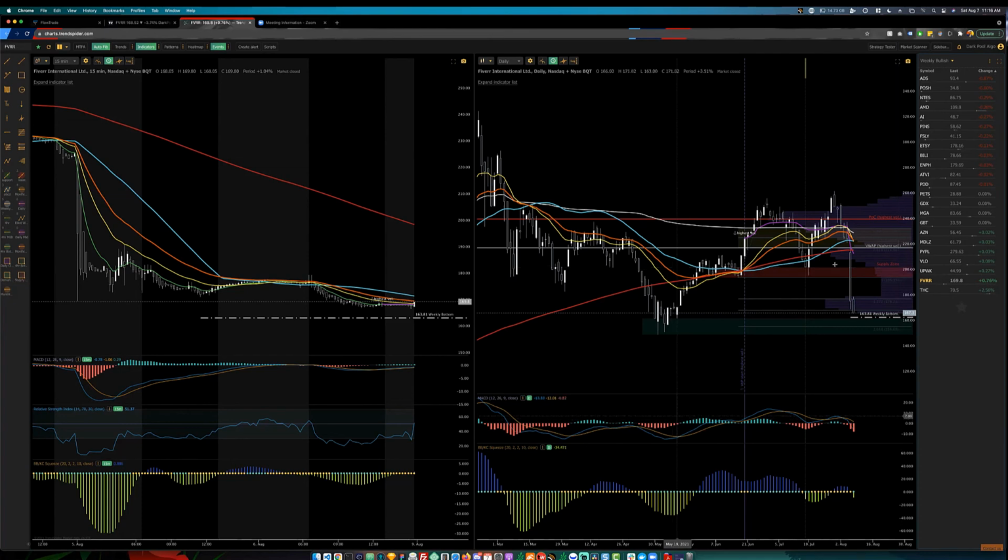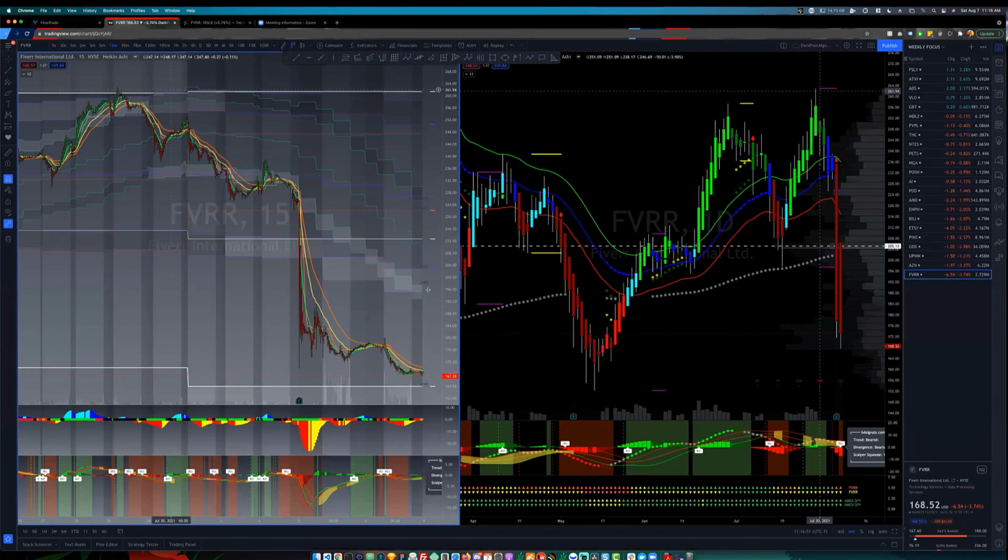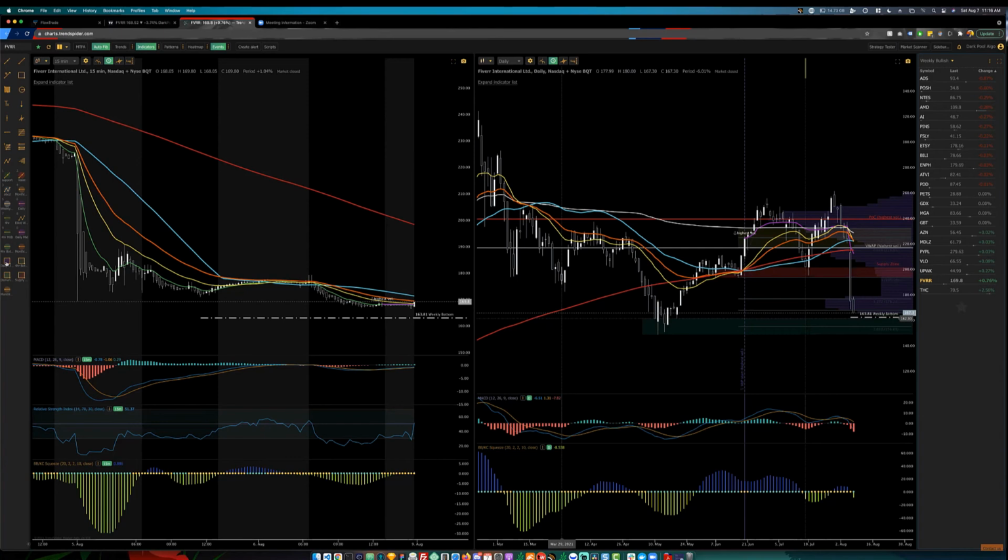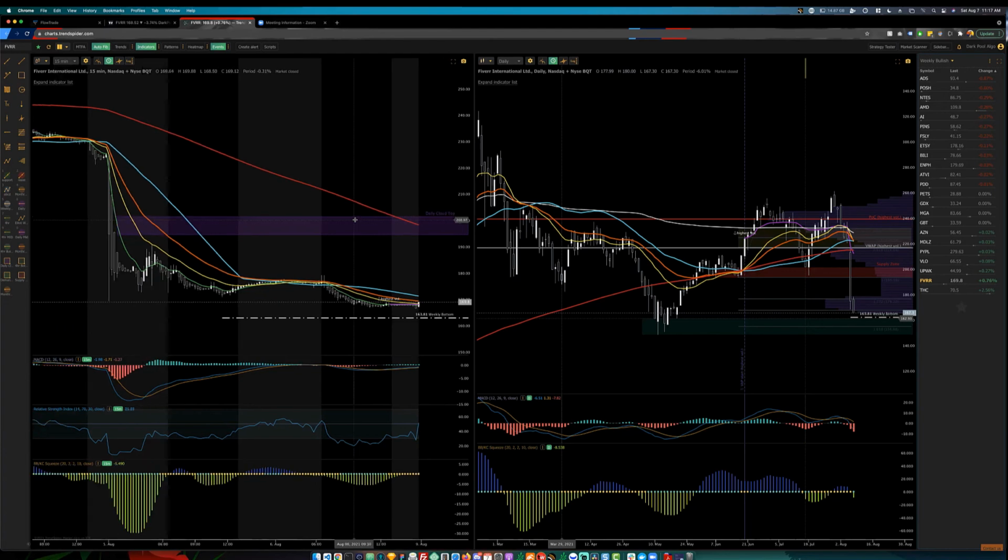So we've got demand, supply, a weekly bottom support. We've got a daily cloud that runs from 195 to 202. So daily cloud, let me throw some fibs on here.